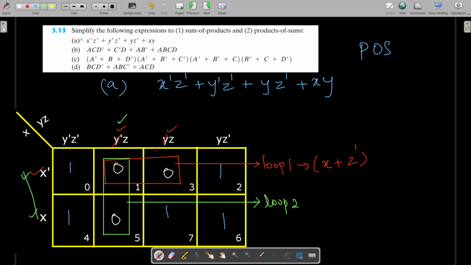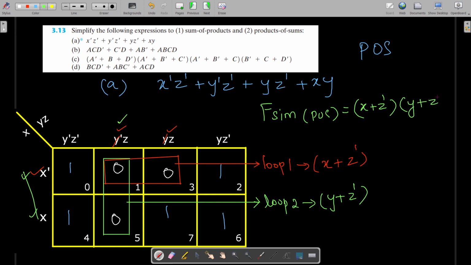Column wise it is y' z, right? So it can be written as y plus z', isn't it? So f simplified in POS form, product of sums, can be written as x plus z' multiplied by y plus z'. So this is the answer.